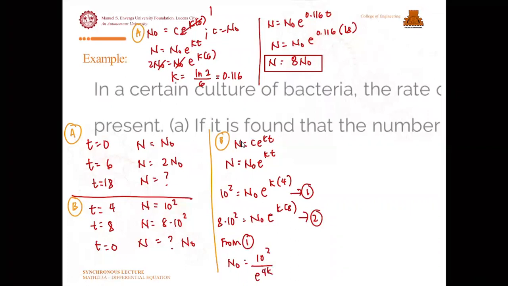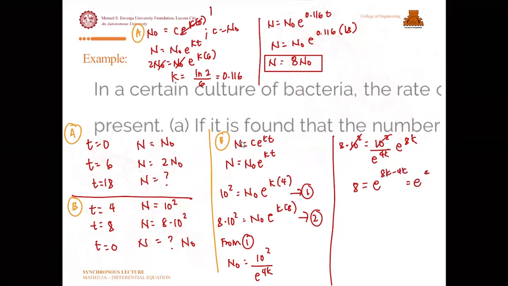Okay? Then substitute natin yan doon sa second equation. So we have 8 times 10 squared is equal to 10 squared over e^(4K) times e^(8K). Okay? So ito magka-cancel out. Then kapag naka-divide yon, since parehas sila ng base, magiging 8 is equal to e^(8K minus 4K), or equal sa e raised to 4K.